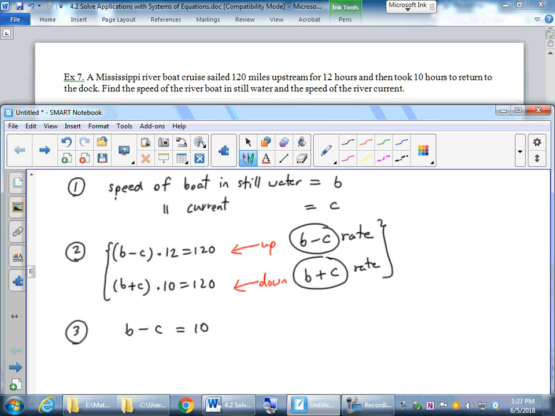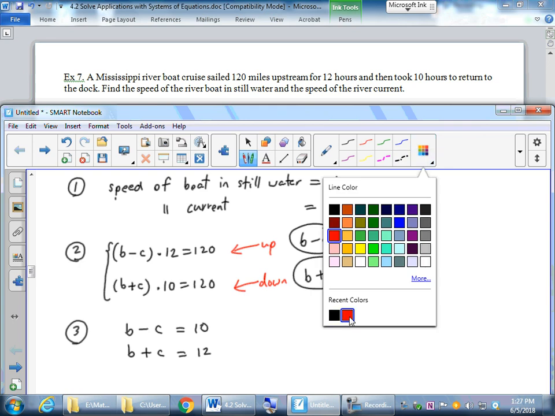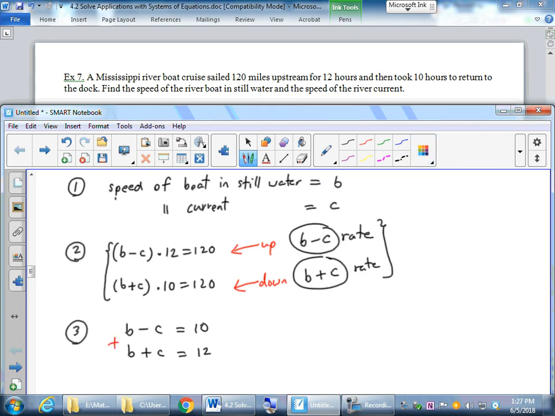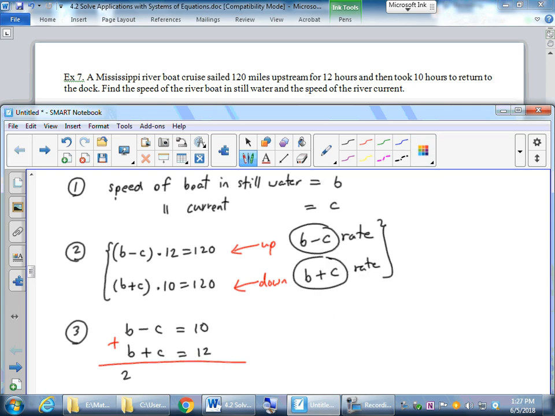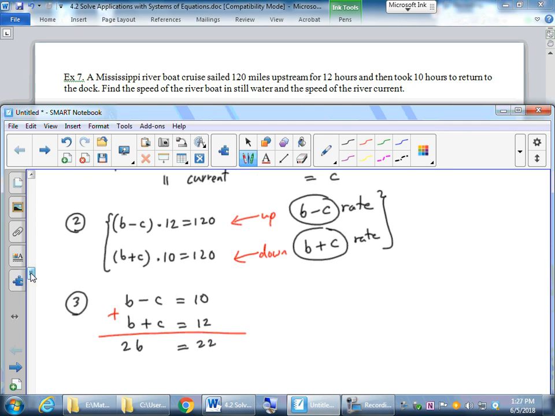Dividing the second equation by 10, B plus C equals 12. You can see that C has opposite coefficients already, so we can use the elimination method, which gives 2B equal to 22. So therefore, B is equal to 11.